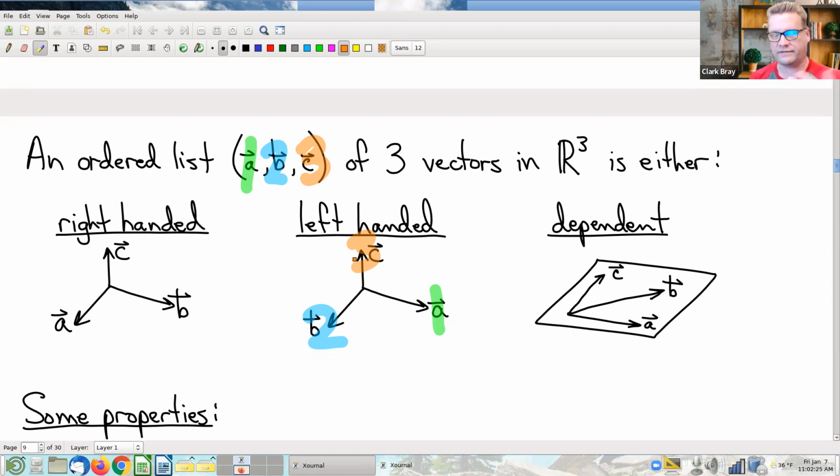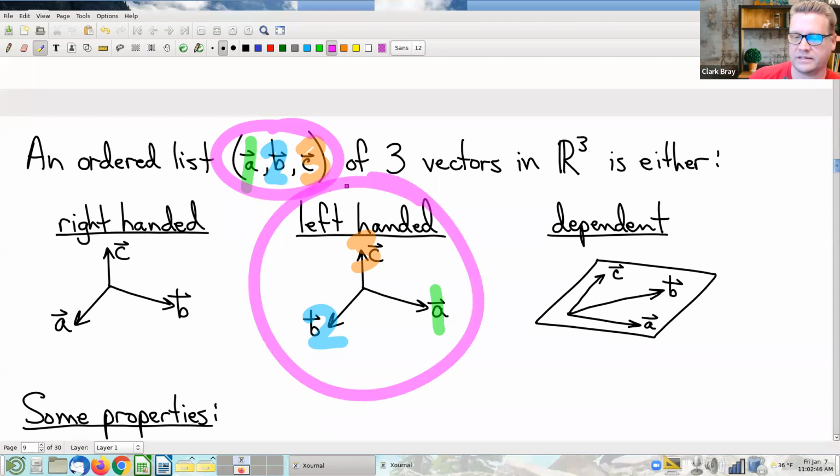So this is left-handed, and by the way, if I use my left hand, same rules, it works. So this is a left-handed list that I have here. That list with these vectors is left-handed.